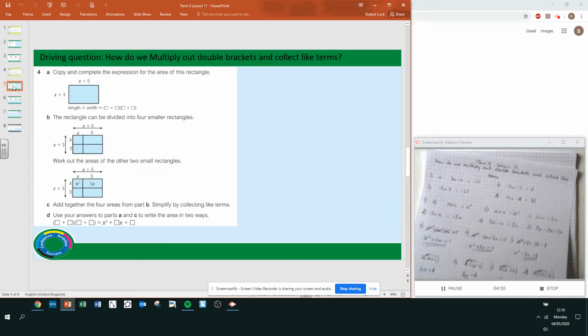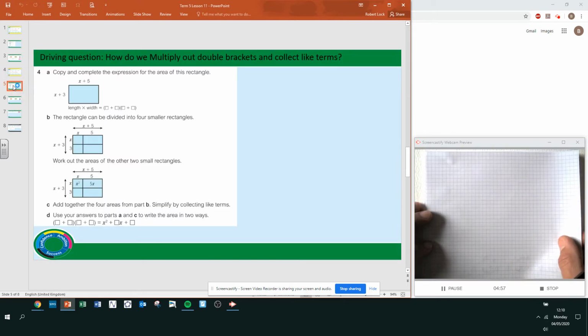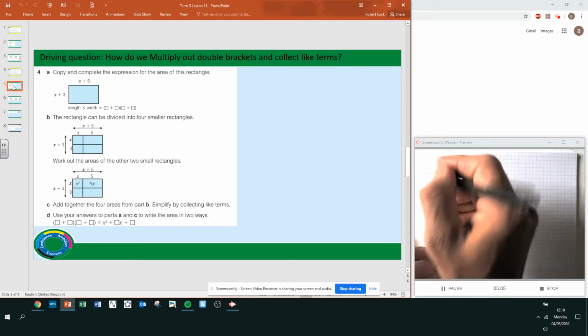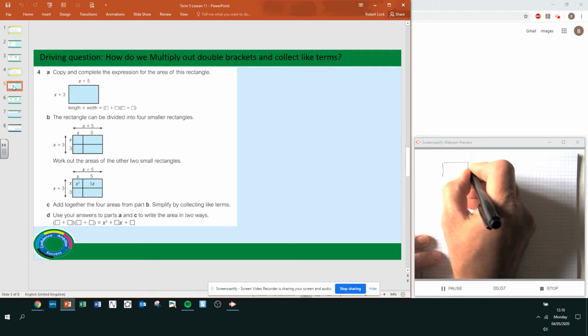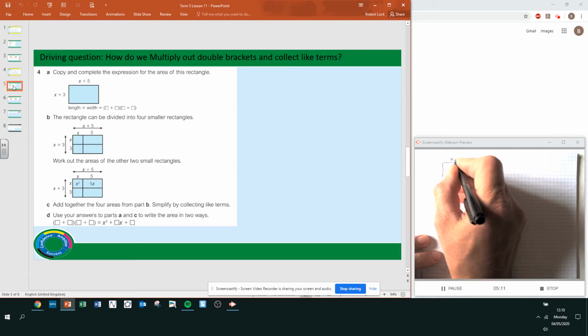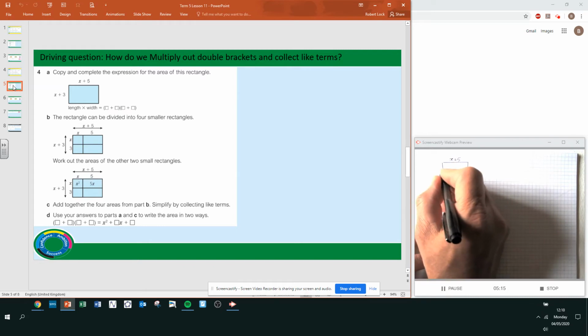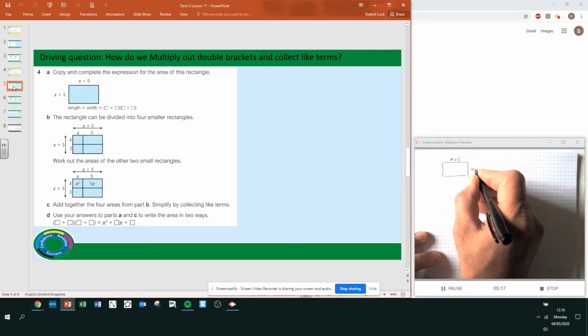Question 4. Copy and complete the expression for the area of this rectangle. So we have a rectangle. The length across the top and the bottom is x plus 5, and the length of the two sides is x plus 3.